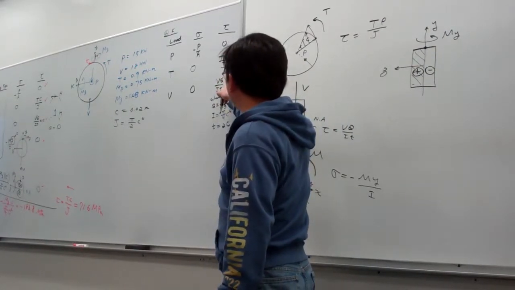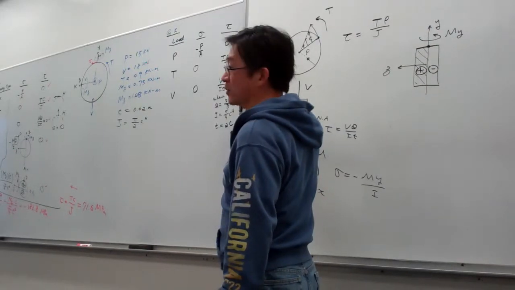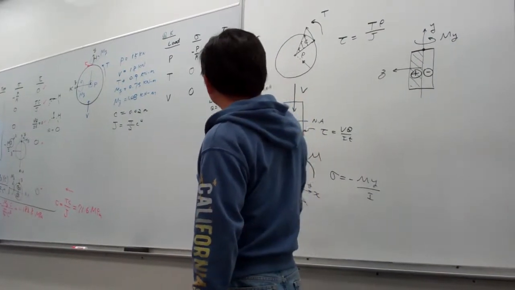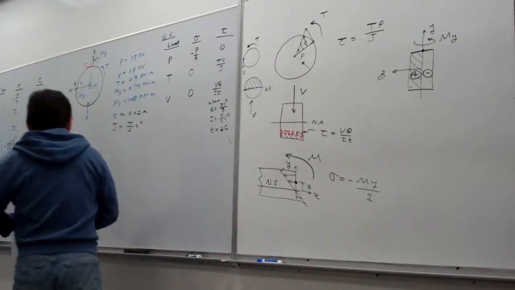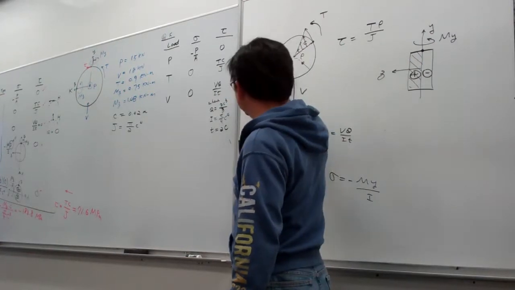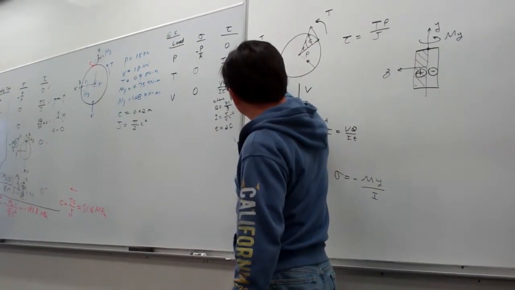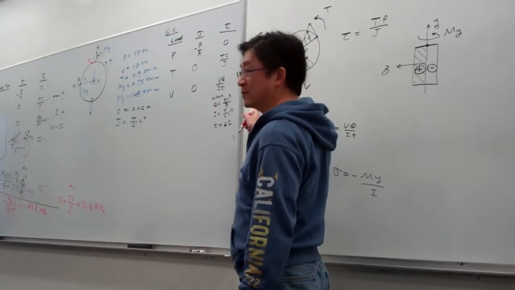So basically, this value is the average shear stress along this cut, including the point we're interested in. And the direction of the shear stress is going upward, the same direction as the transverse loading.